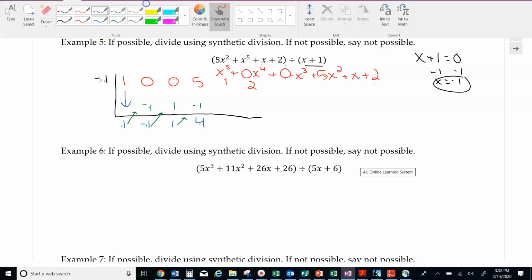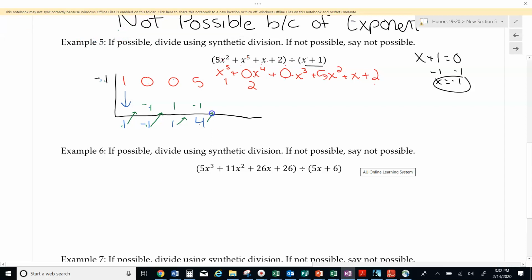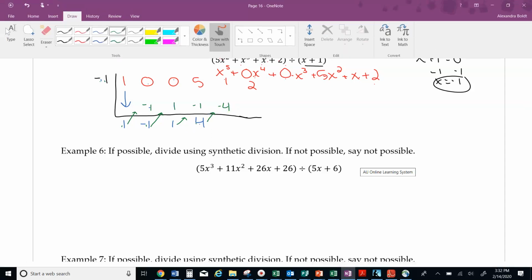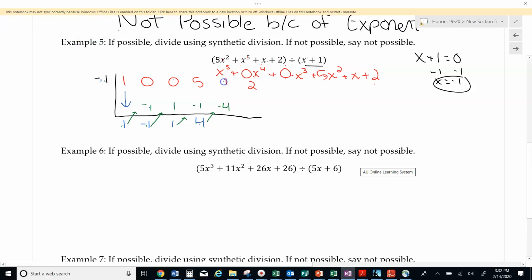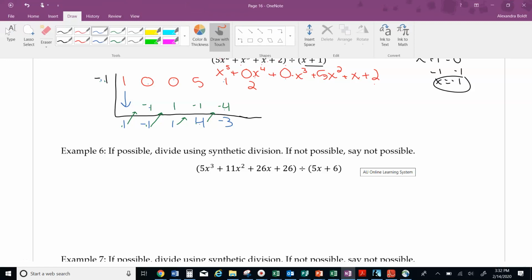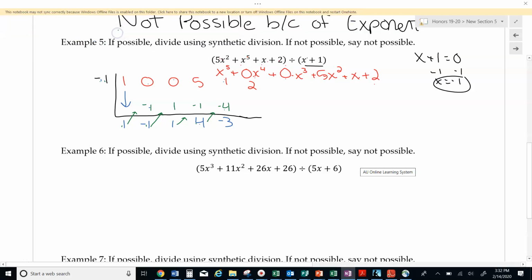Negative 1 times 4 is negative 4. 1 minus 4 is negative 3. Negative 1 times negative 3 is 3. 2 plus 3 is 5.